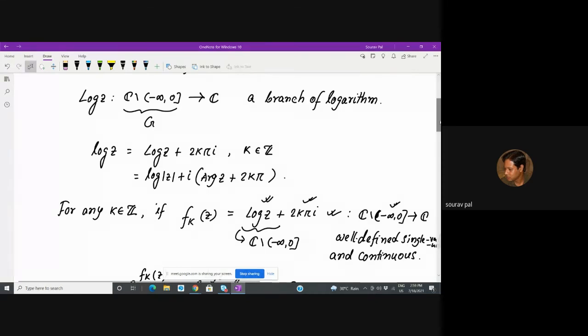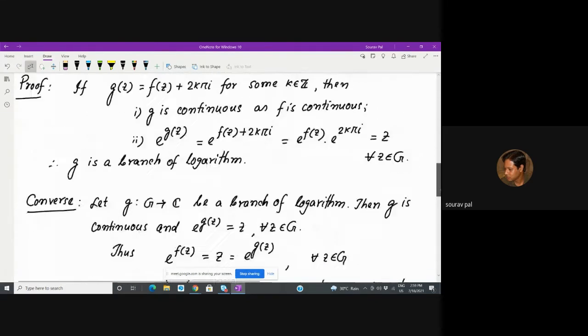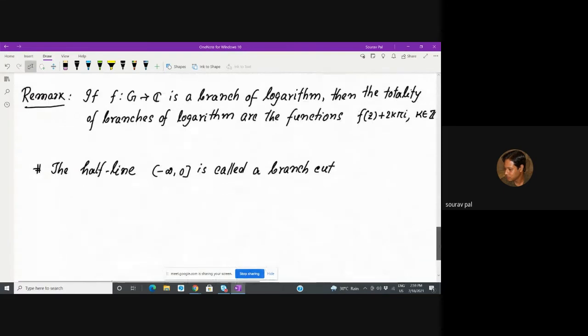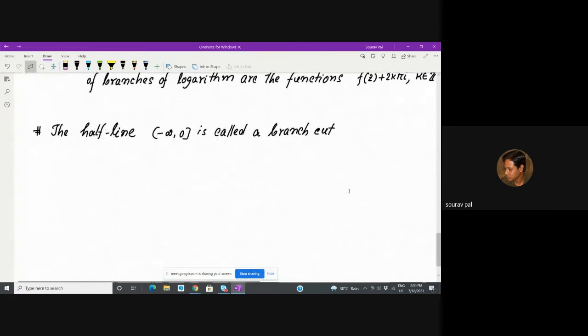Now, this is what is called a branch cut, as I said. You are removing one half line to define a branch of logarithm. This is called a branch cut for the principal logarithm.